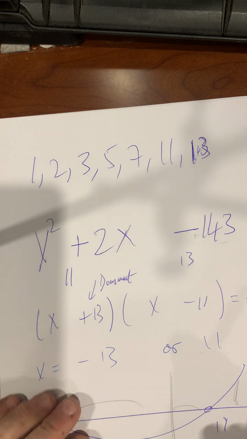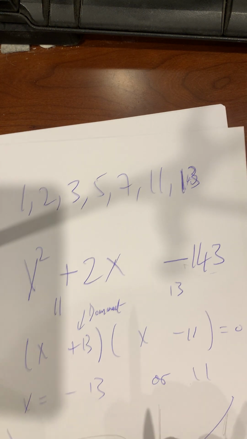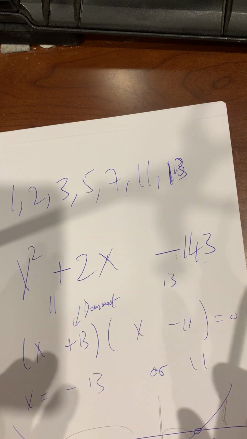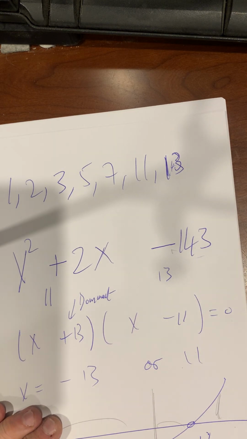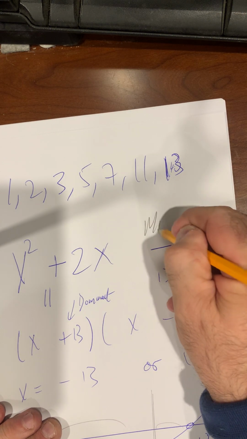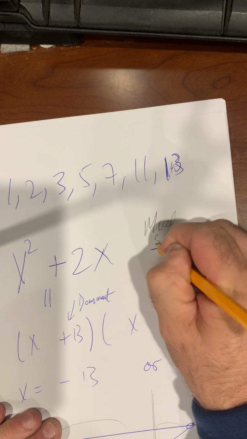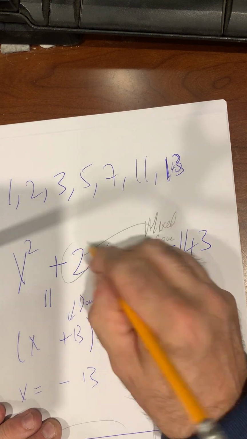Okay, and now that's case 3. Case 4 is when it's a minus minus. Okay, but I want you looking at this going, it's mixed sign, not the same sign, dominated by a positive.